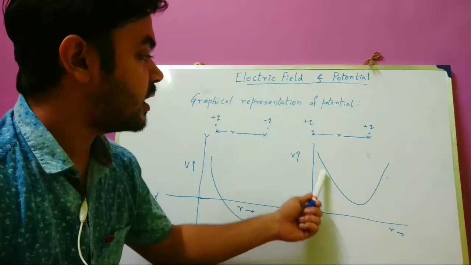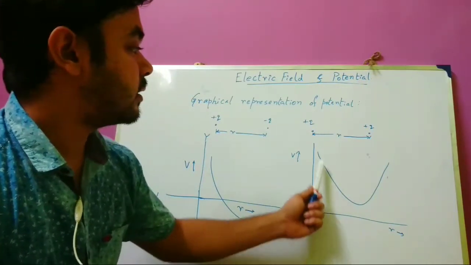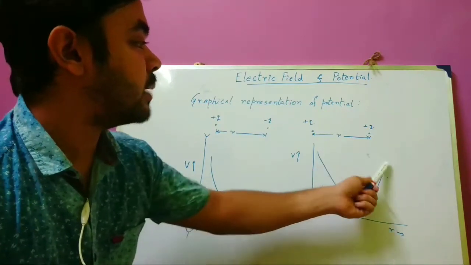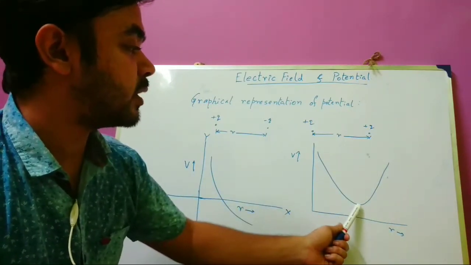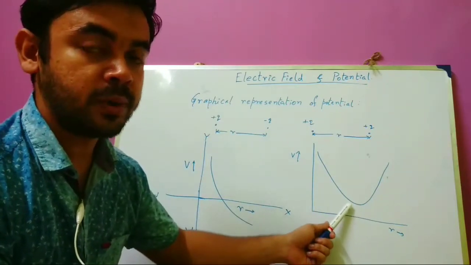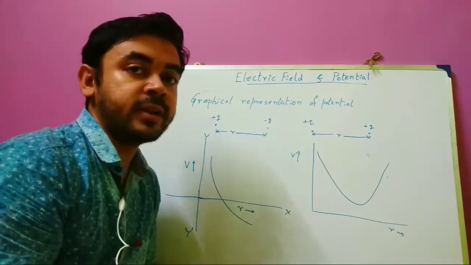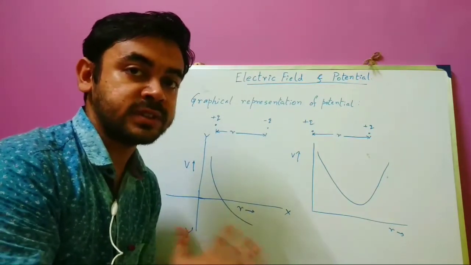So it will not touch the x-axis or the R-axis, and this is the high potential point, and at this point the potential is minimum for this case, but it is not zero. Minimum but not zero. Okay, so this is all about the concept of electric potential and electric field.